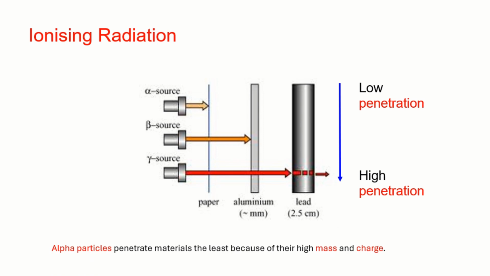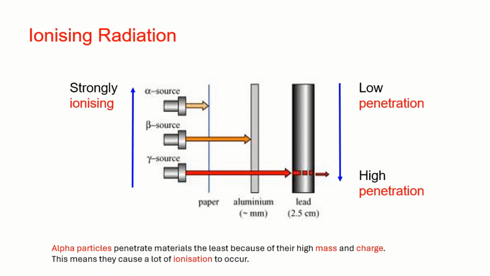Remember, we discussed in the previous slide that every time a collision happens, ionization occurs. And so that means that our alpha source is very ionized. As a result, it loses its energy very, very quickly and slows down very quickly. Alpha is strongly ionizing. That's all due to that high mass and that high charge.